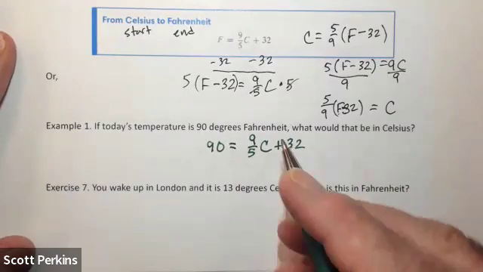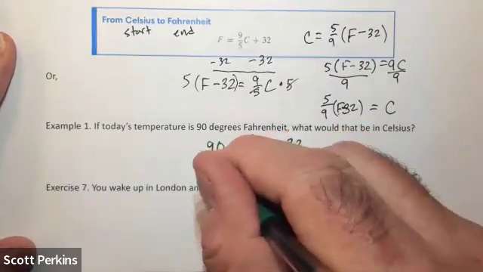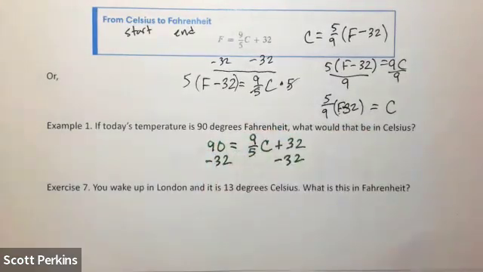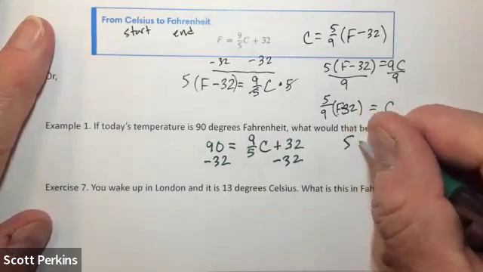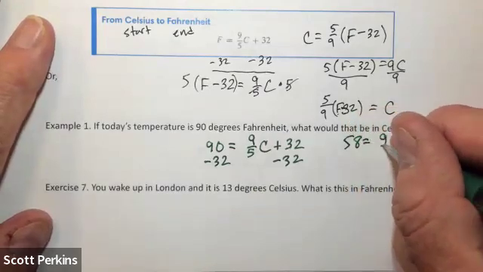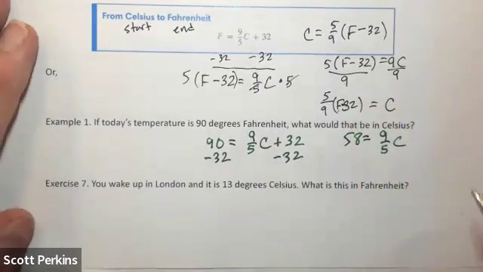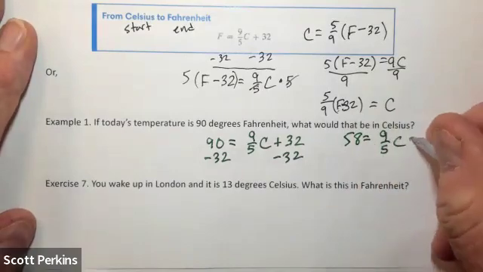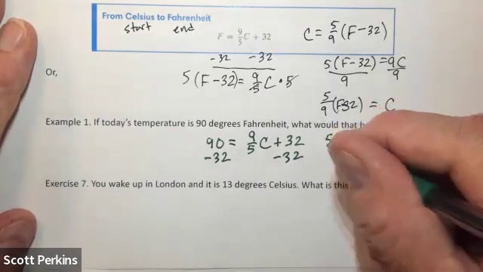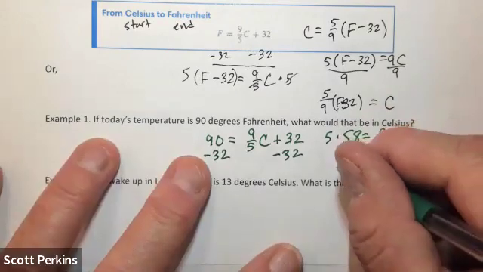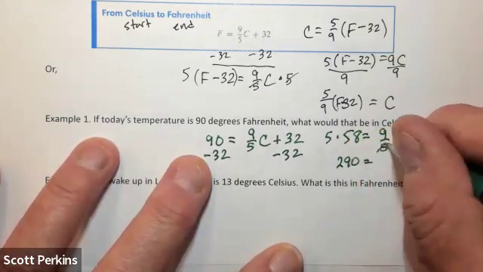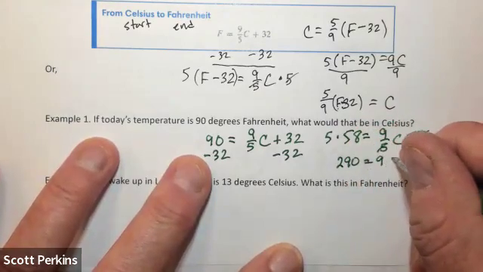So now I'm going to subtract 32 from both sides of this. And 90 minus 32 is going to give me a grand total of 58. So I have 58 is equal to 9/5 C. I'm going to multiply both sides by 5. So 58 times 5 is going to be 290. 290 is equal to 9C.